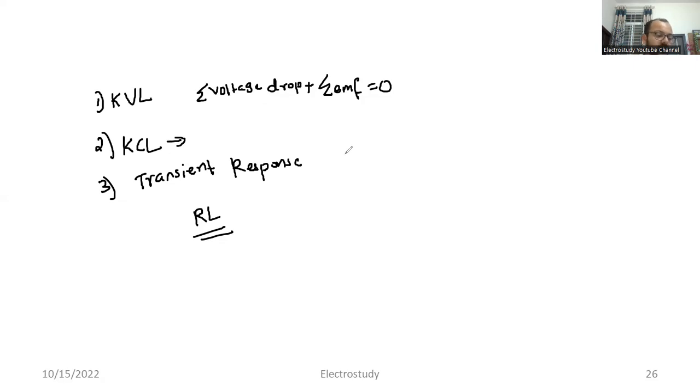Also, the equation of current at the time of charging can be written as Vs by R into 1 minus e to the power minus R by L into t, where R by L is known as the time constant for the RL circuit.